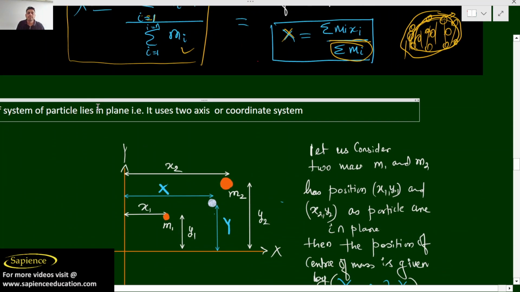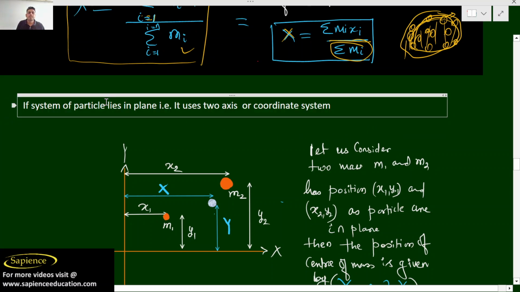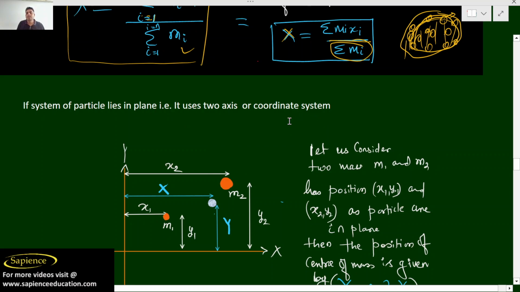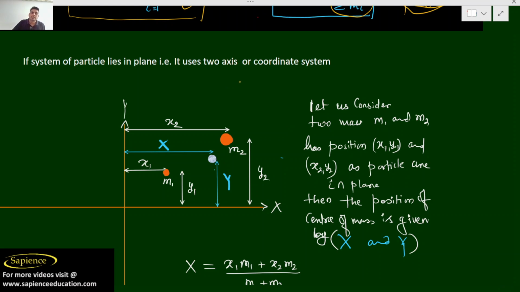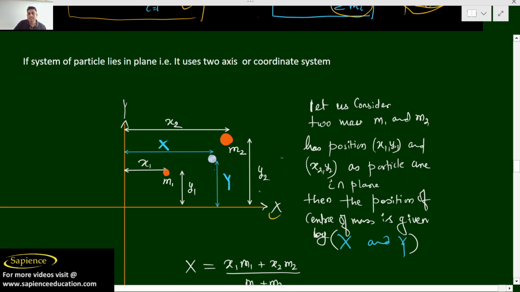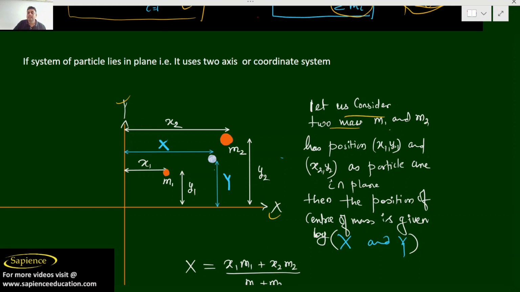Now, if a system of particles lies in a plane, that is, it uses two axes or a coordinate system, how many axes will it use? Two axes, that is your x-axis and your y-axis. Let us consider two masses, m1 and m2.